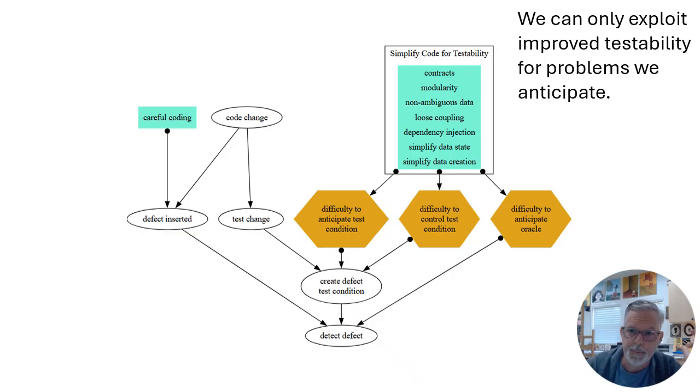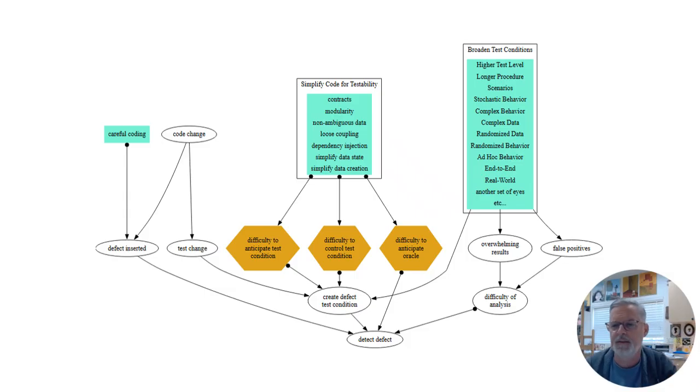What do we do? Well, the next set of techniques are about broadening our test conditions, and broadening with a certain flavor of test conditions. So far, I've been talking about explicitly anticipating exact test conditions, like what if the input value is null, or what if the following field is missing, or what if this combination and this combination, because it's like our truth table says we should have these combinations of things.